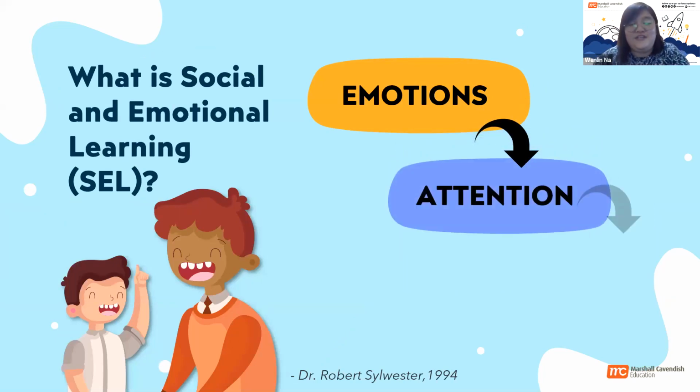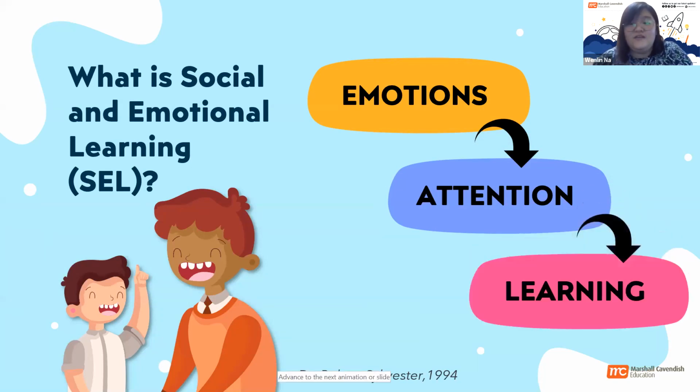Our emotions actually drive attention, and attention drives learning. In other words, how you feel actually determines how well you learn. I'm sure as teachers, you must have felt this as well. If you're feeling very stressed, very forced, or very trapped, you will not be able to learn well, and you will not be able to engage in higher levels of thinking or creativity.